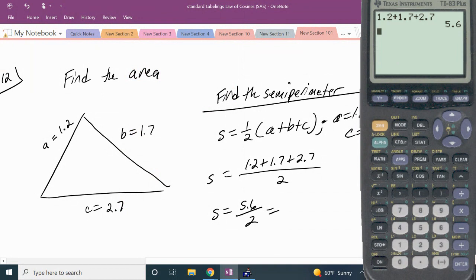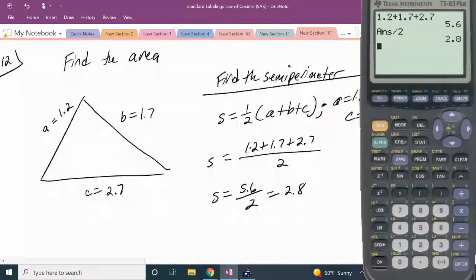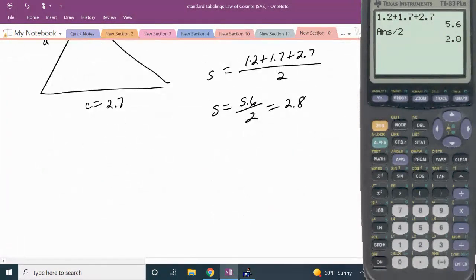We're going to divide that by 2. And we get 2.8. All right, so that's the first thing you want to do, find S. All right, and now we will find the area.